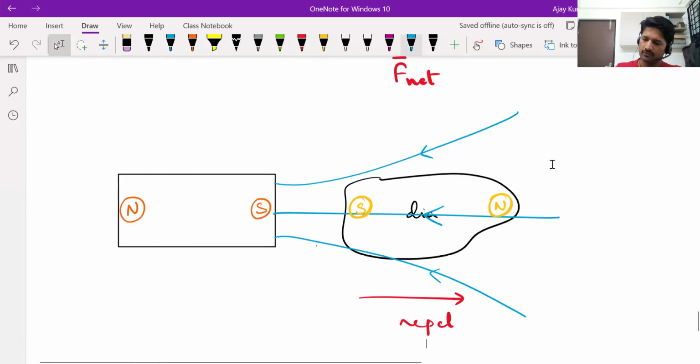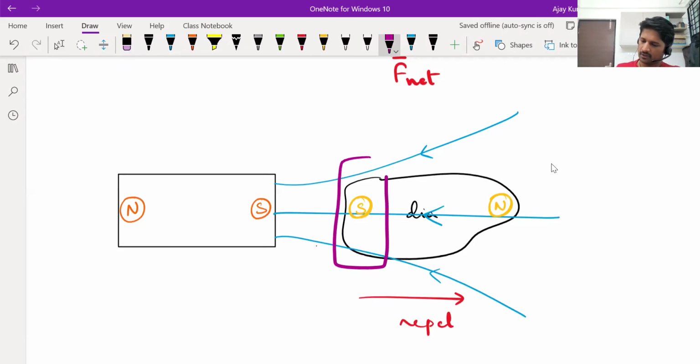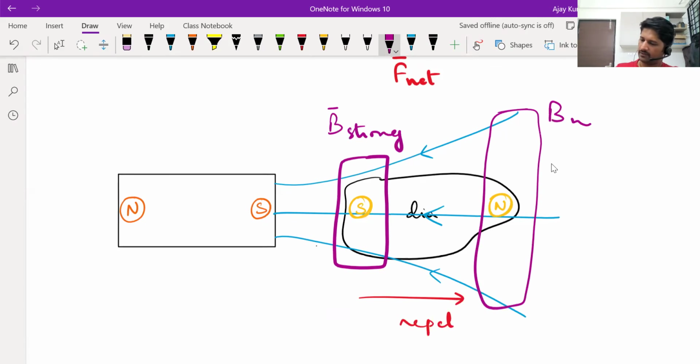They tend to move from a region of strong magnetic field, closer to the magnet, to a region of weak magnetic field. This is a region of strong magnetic field, and anywhere ahead is a region of weak magnetic field. The diamagnetic substance is experiencing repulsion that way, towards the weak field.